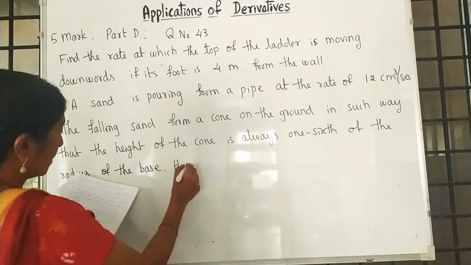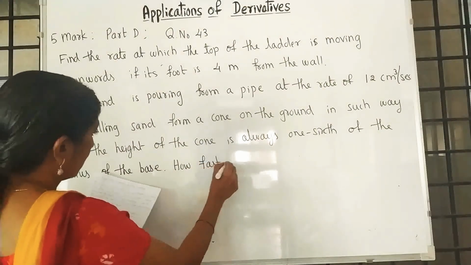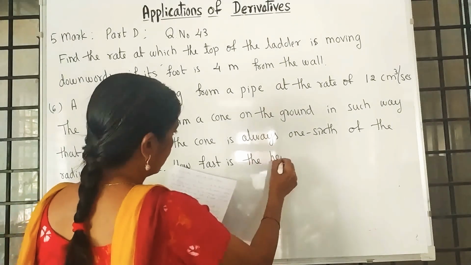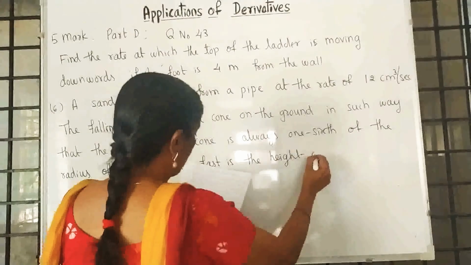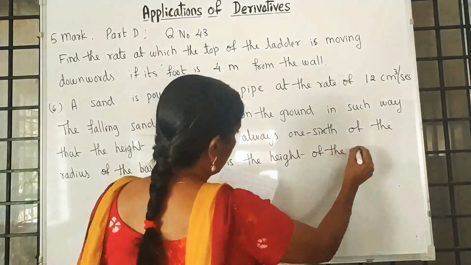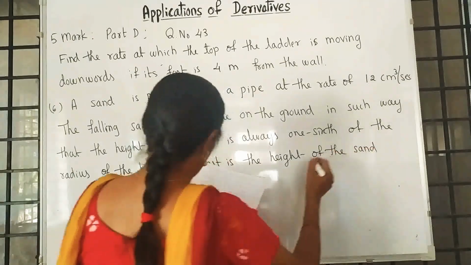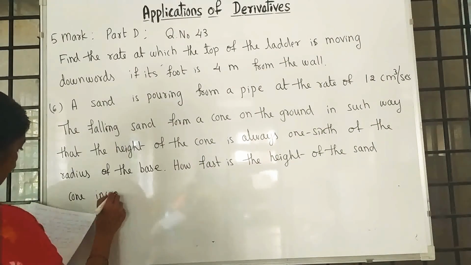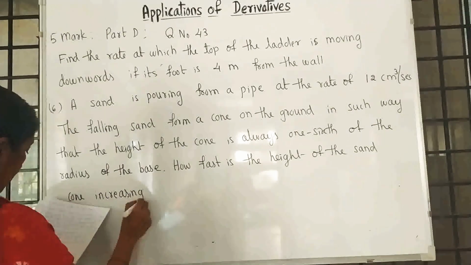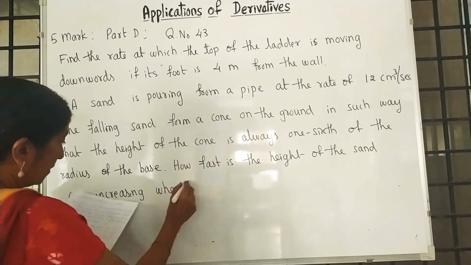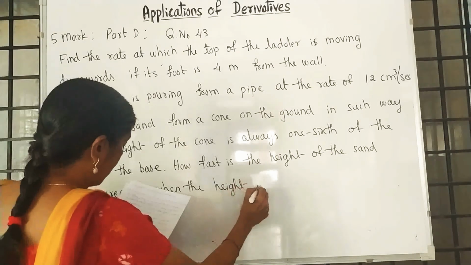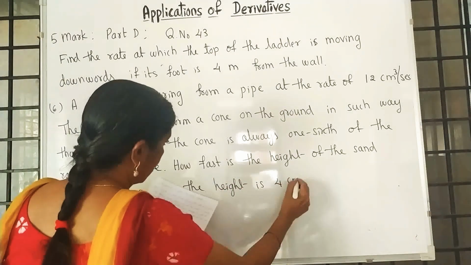How fast is the height of the sand cone increasing when the height is 4 centimeter.